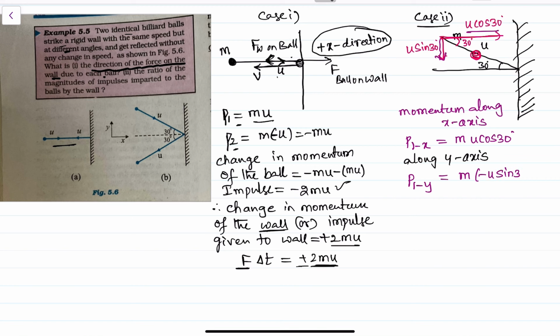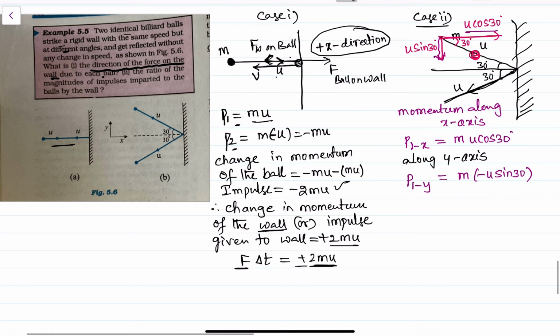Why? It is pointing downwards. I have found the initial momentum along the x-axis and y-axis. After interaction with the wall, the ball rebounds with the same speed and at the same angle, but downwards.